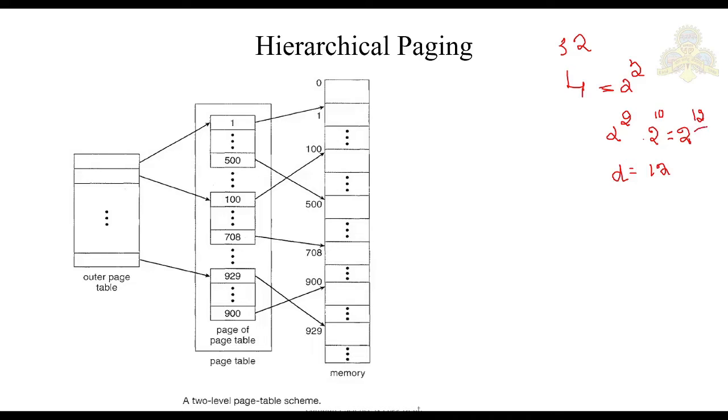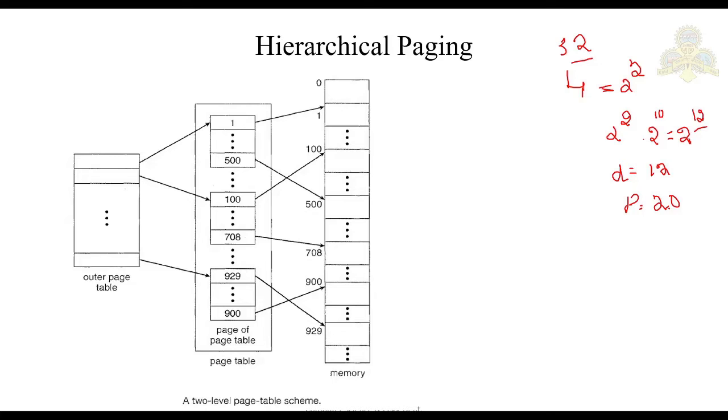We assumed the system is of 32 bits, so 32 minus 12 gives us p, the page number, as 20. That means we can store around 2 raised to 20 page numbers in the page table, which is too huge.